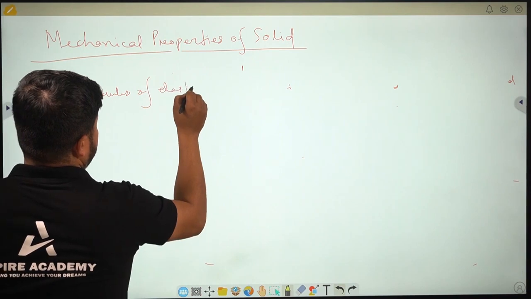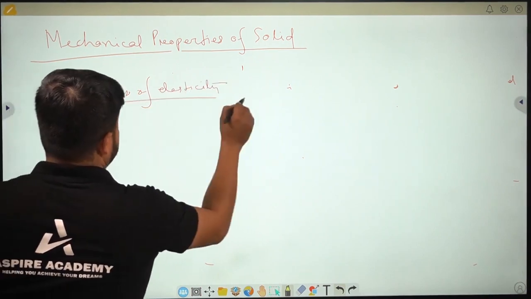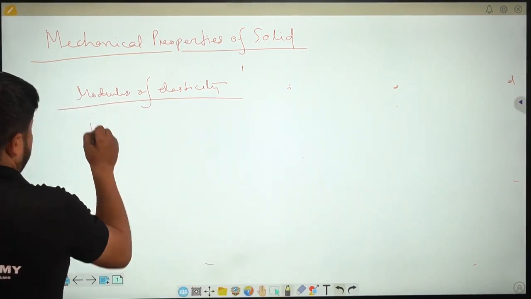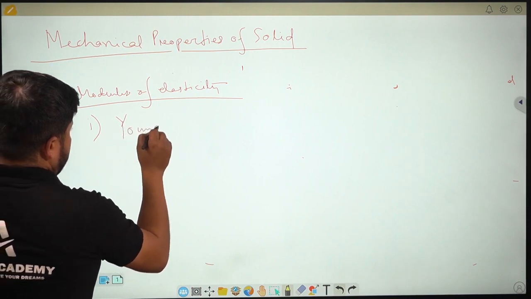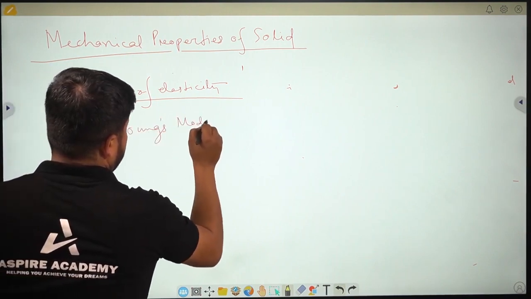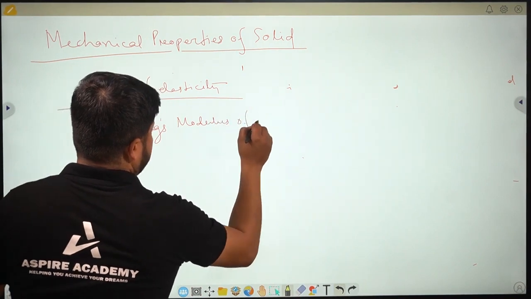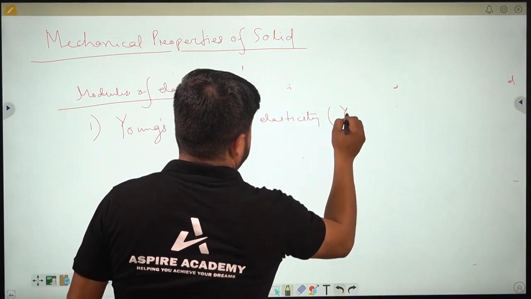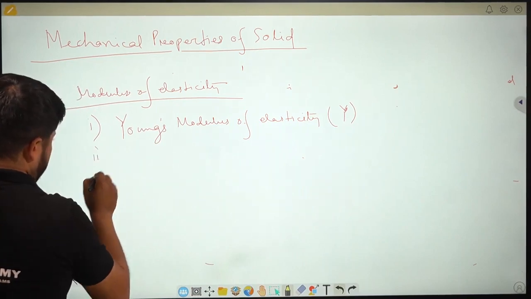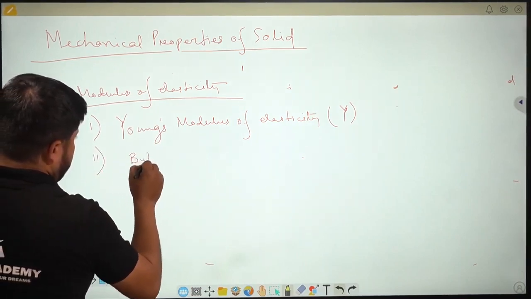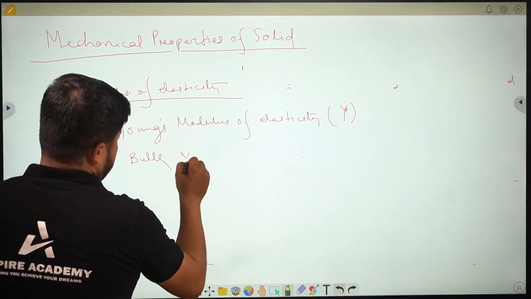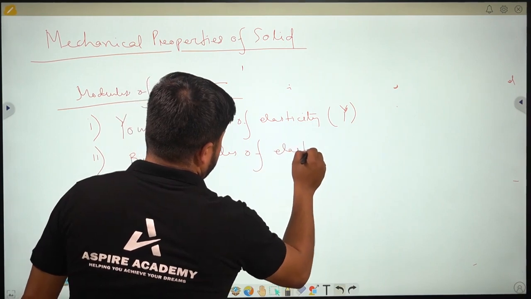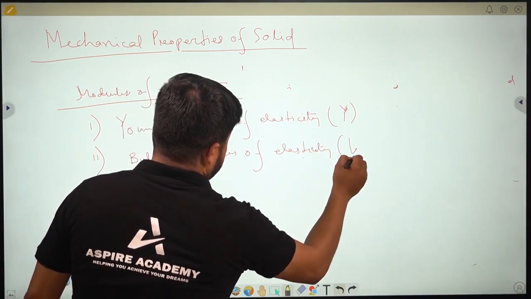Number one is Young's modulus of elasticity, which we term with capital letter Y. Second one is bulk modulus of elasticity, which is represented by kappa, small letter k.